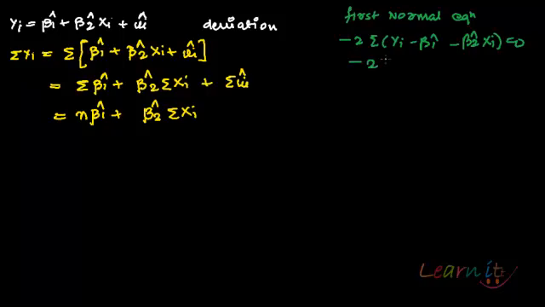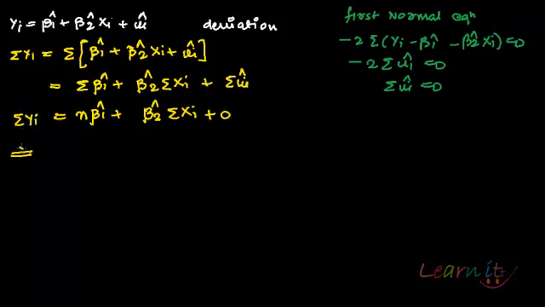So this gives you minus 2 summation of, but this is nothing but ui hat equal to 0, and this gives you summation of ui hat equals 0. So now this becomes plus 0, and this is summation yi.